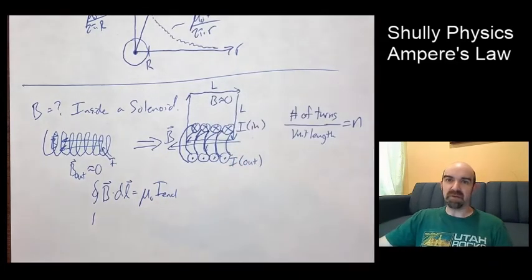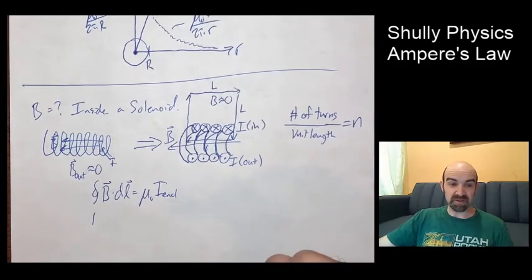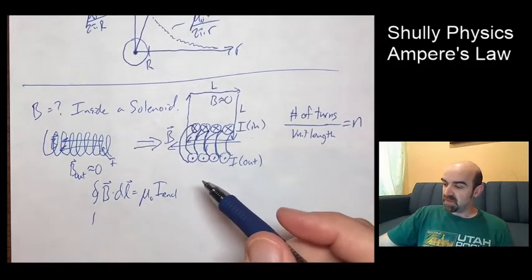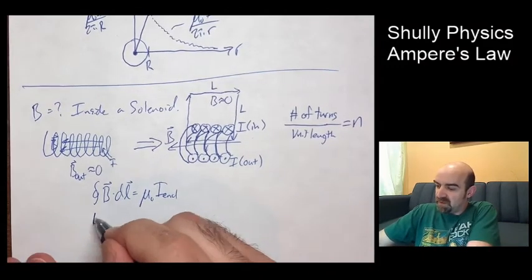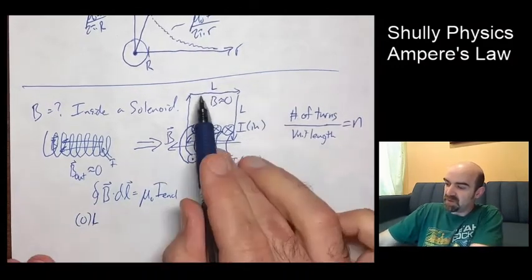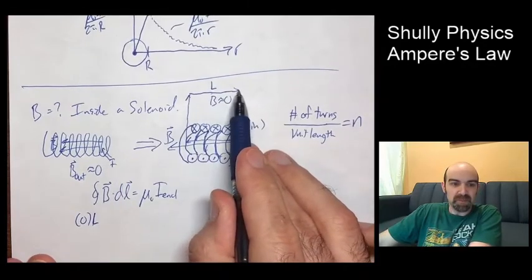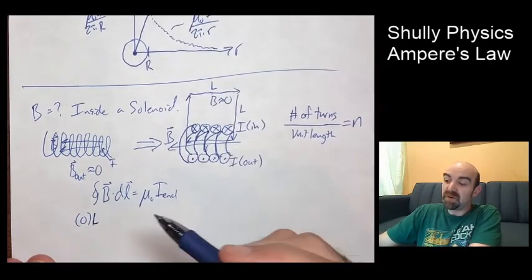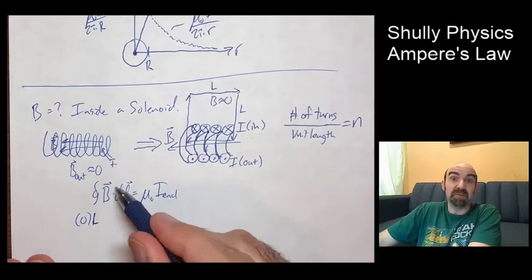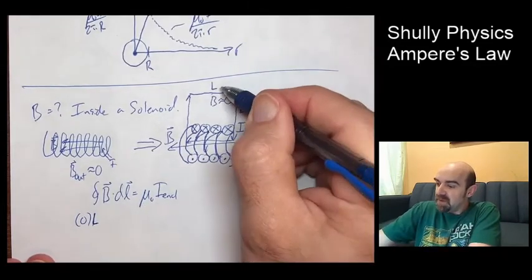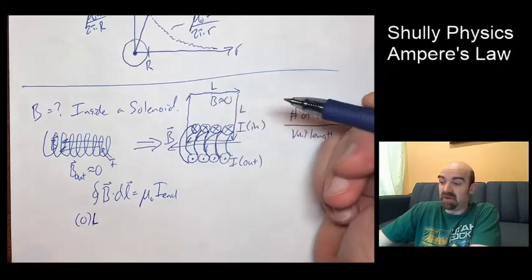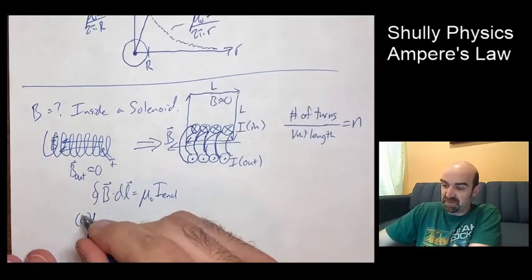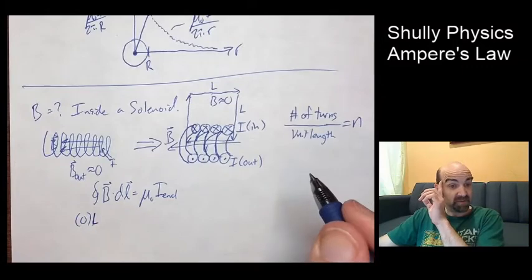It's very, very weak outside of a solenoid. So for that first B dot dL, we're going to have an L times 0 along the top as we go along that loop. So there's 0 contribution to this sum of B dot dL. And if there's a magnetic field out here, it would be in the same direction or similar, but it doesn't matter because the magnitude of the magnetic field is 0.